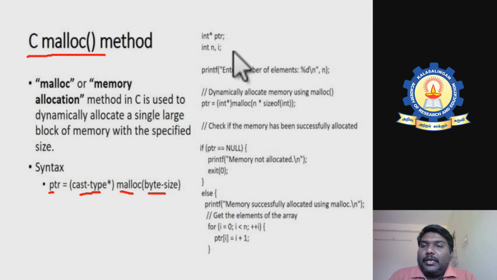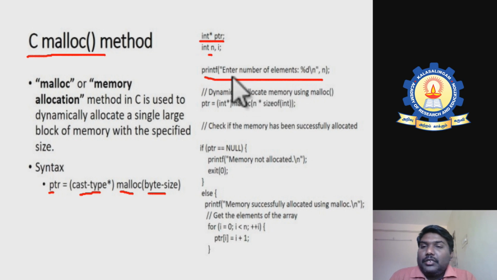For example, if I am declaring an integer array and its size is defined at runtime, assume that we are having an integer pointer, and we are having some n and i. This n we are going to get at runtime. First we ask the user to enter the number of elements, then we have a scanf statement here.